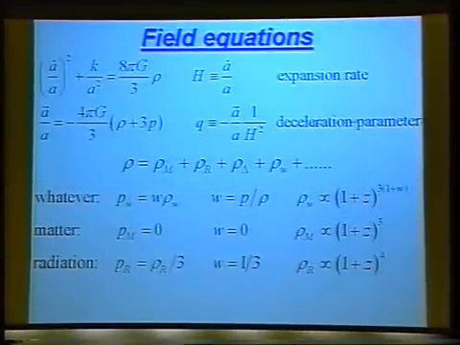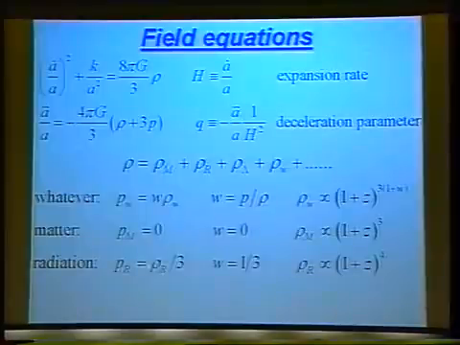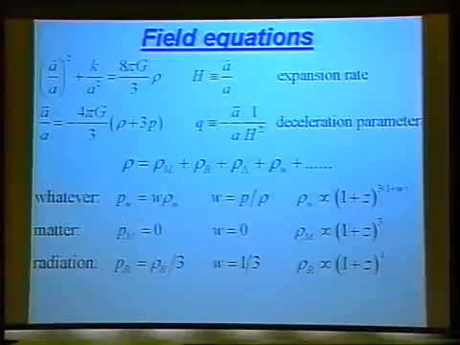There's a radiation component to the universe. The equation of state for radiation relates the pressure to the energy density: the pressure is 1/3 the energy density, so W is equal to 1/3. If W is equal to 1/3, the radiation energy density scales in expansion as (1 plus z) to the 4th.